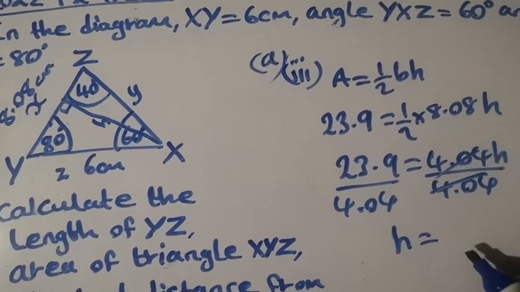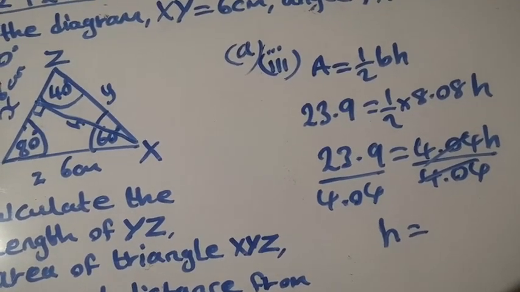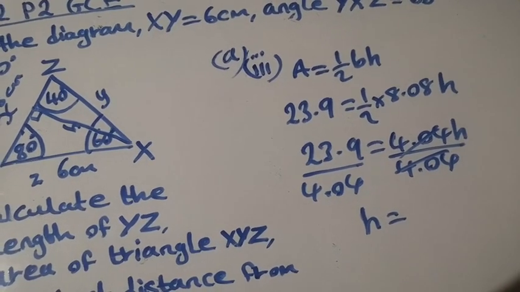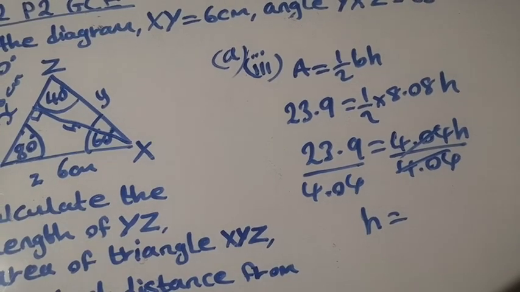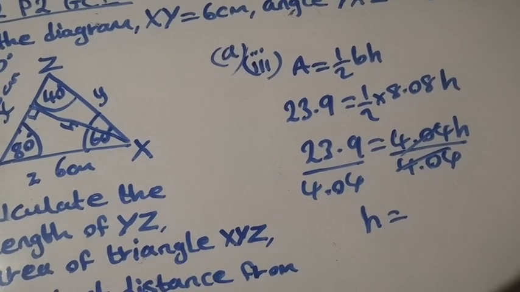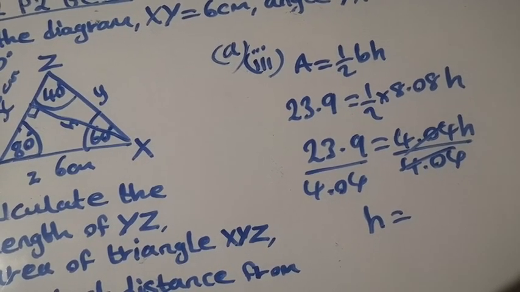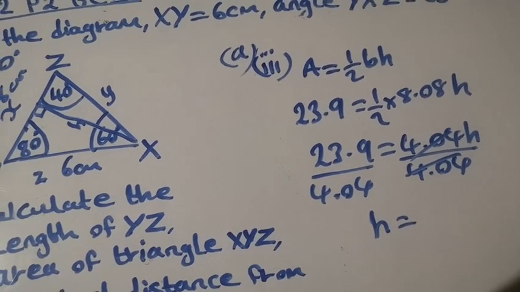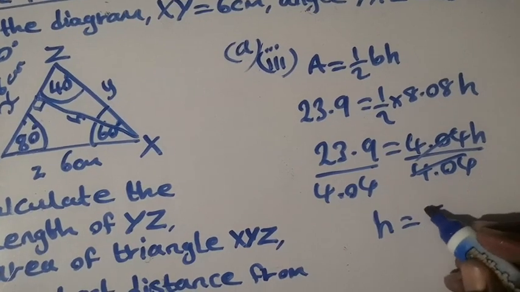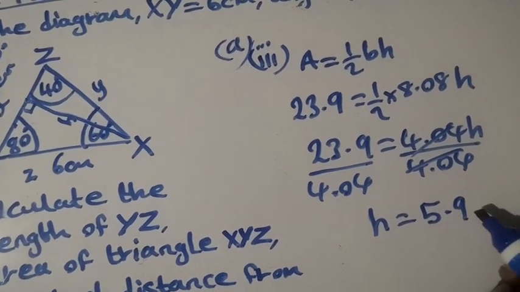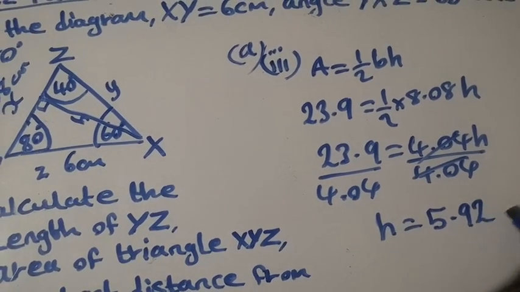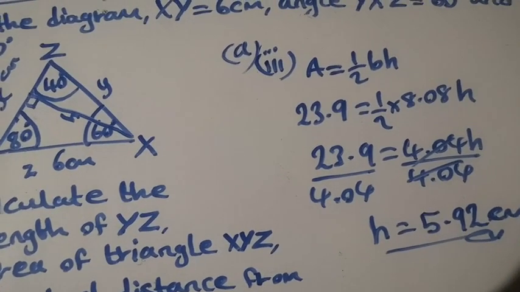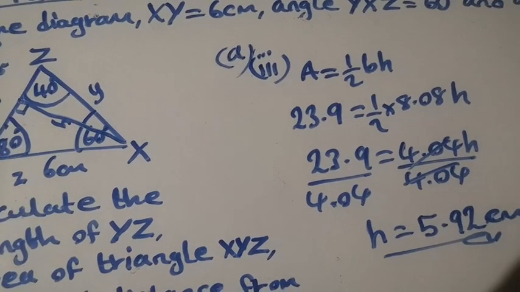So our height is going to be 5.9 centimeters. So this is our shortest distance.